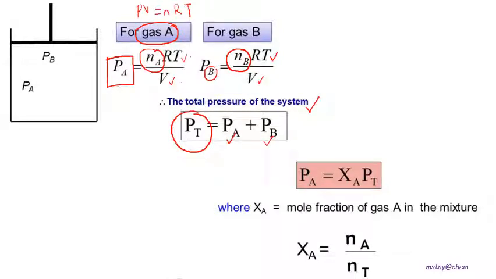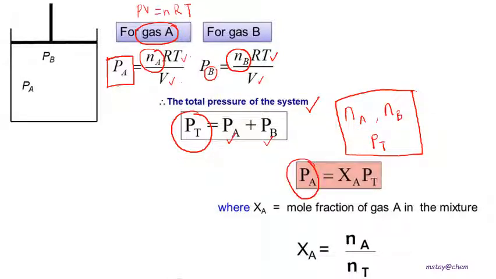Sometimes you may be given the number of moles of gas A and gas B and also the total pressure. Given this information, you are also able to determine the partial pressure of gas A by using the mole fraction of gas A multiplied by the total pressure.